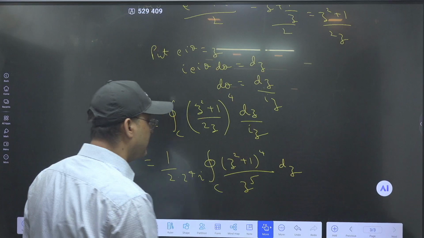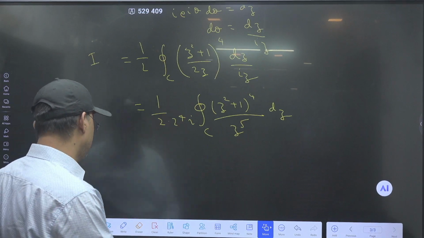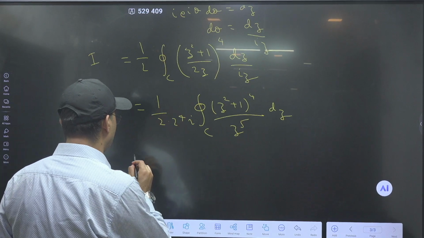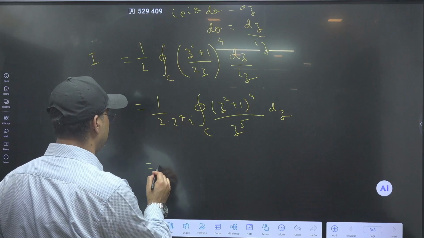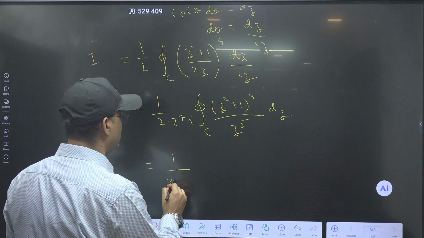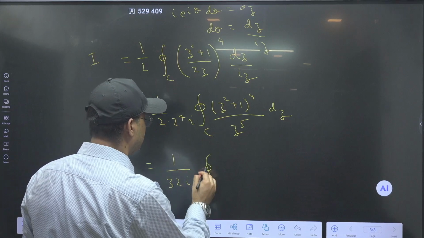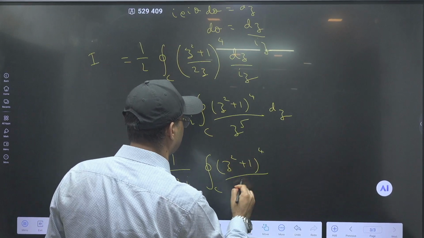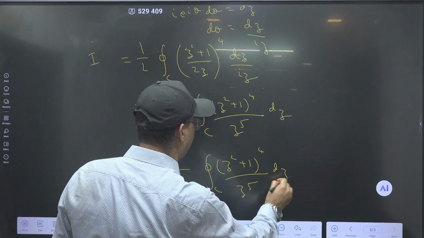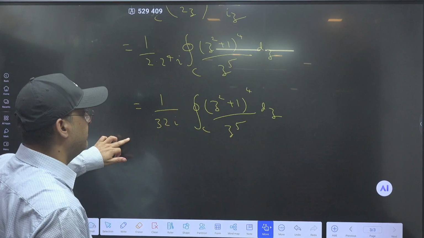Okay, so I can use the integral formula. So this would be nothing but 1 by 32i. So I have multiple poles, so I can find out this residue very well.